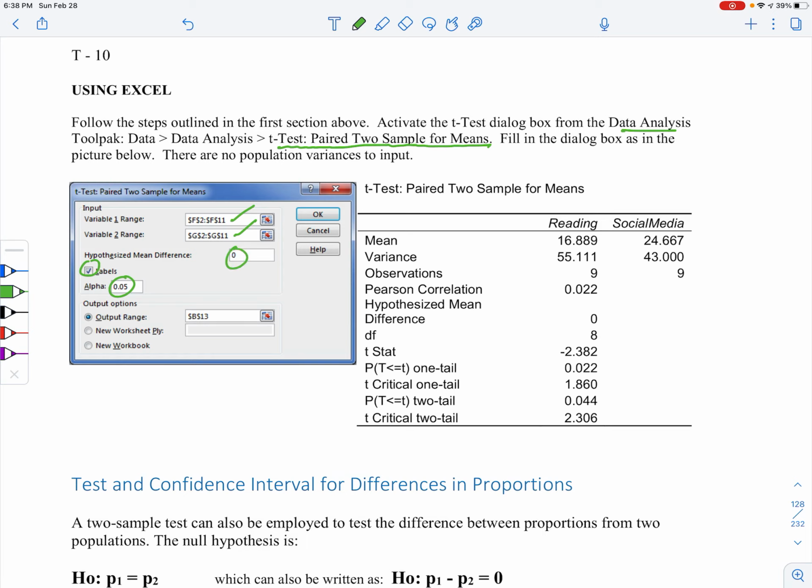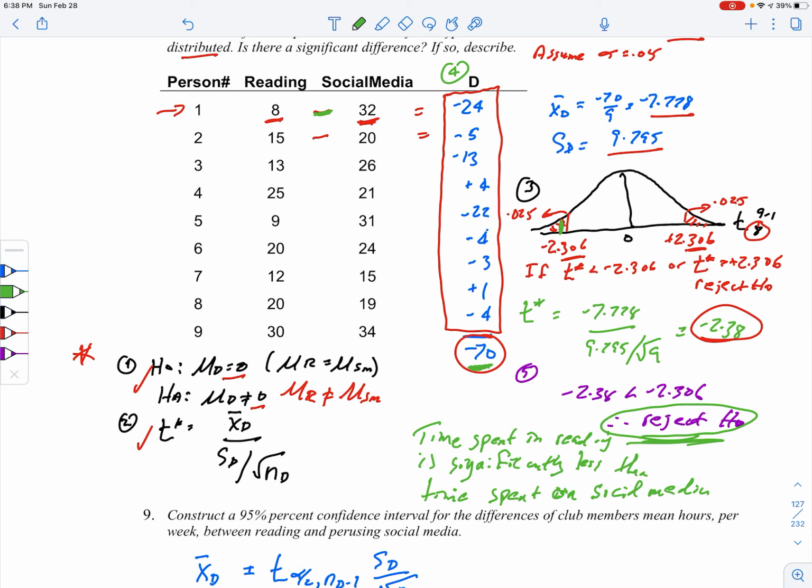Down here, of course, the hypothesized difference is 0 between the two, always, in all the examples we would be doing. And then here is your output range. So this was what we ended up with. So this actually is useful in that I didn't actually calculate what these means are.